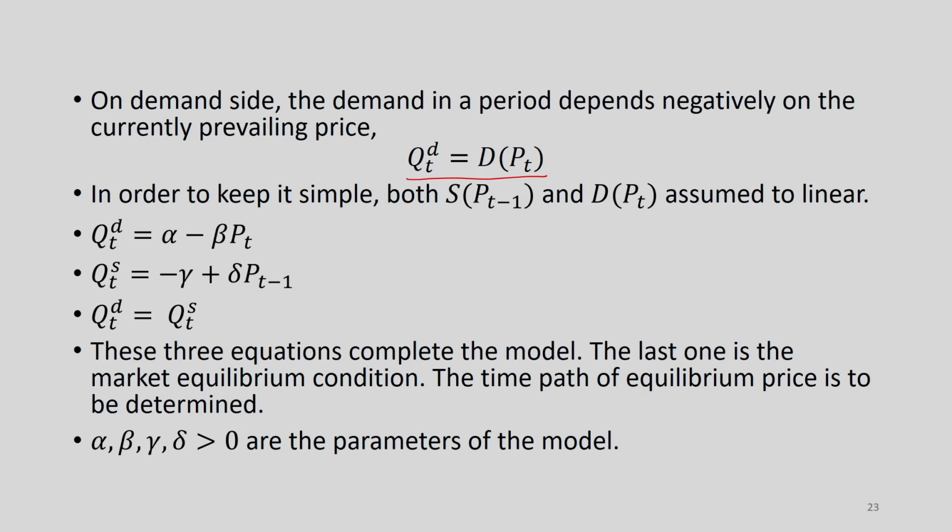Quantity demanded Qdt is a function of the price of that period Pt, so D of Pt, and since we have assumed that it negatively depends on the price, D of Pt is a declining function of Pt. In order to keep the story simple, both S of Pt minus 1 and D of Pt are assumed to be linear.